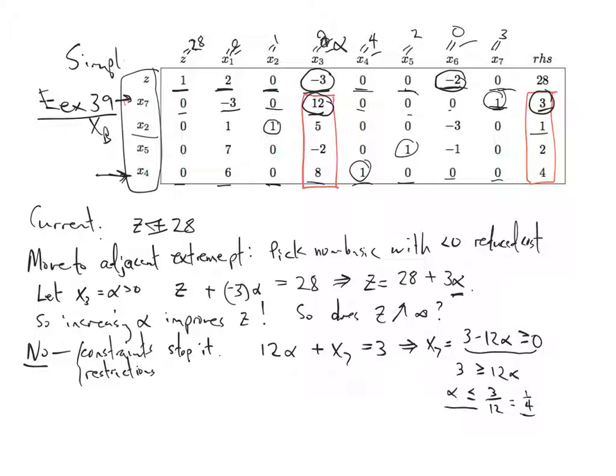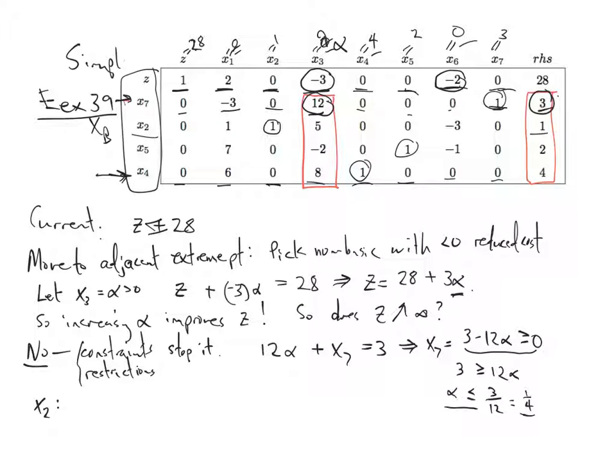In the notes, in the theoretical description, this is called R sub I and this is called U sub I. But it's a very simple idea if you do it with actual numbers. Okay, so we can't increase alpha any more than 1/4.